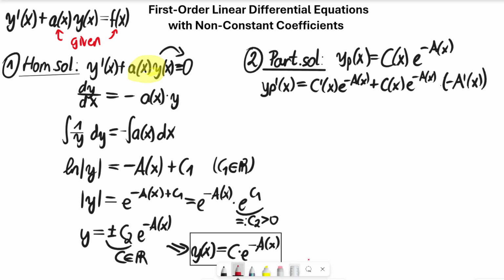And this we can further simplify, because if you derive the antiderivative, this will become minus small a, the original given function a of x.